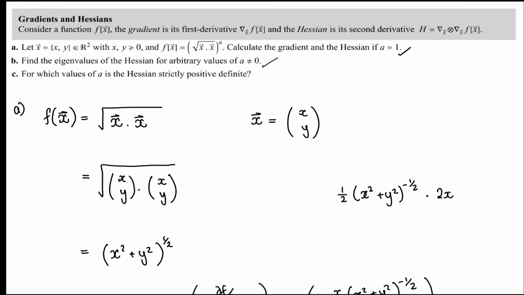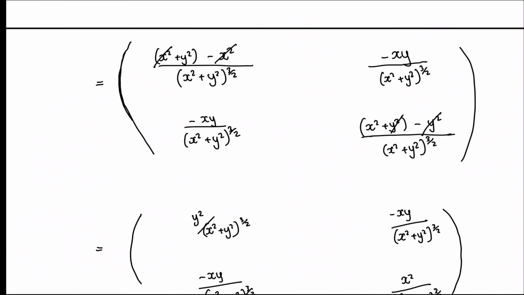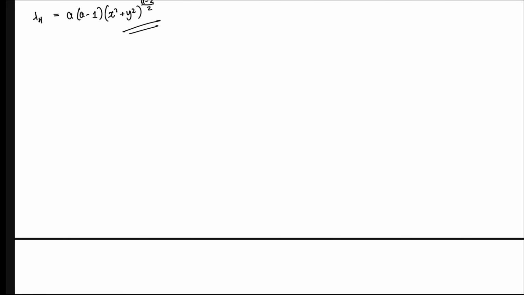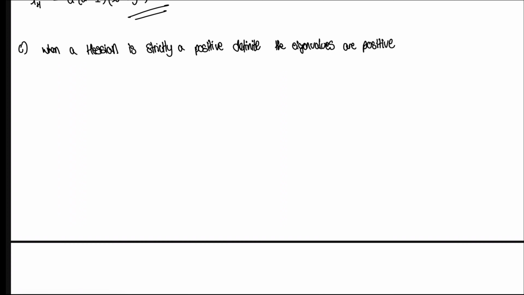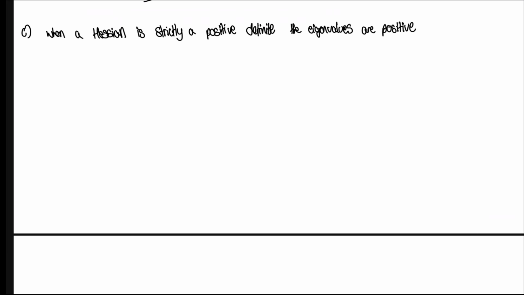Part C, for which values of a is the Hessian strictly positive definite? Cool, so for part C, when a Hessian is strictly positive definite, the eigenvalues are positive. Therefore, we are going to look at our two eigenvalues and we're going to make sure that they are greater than 0.